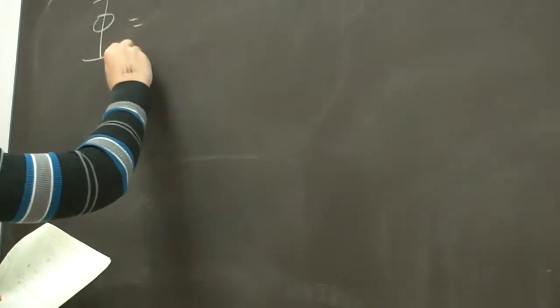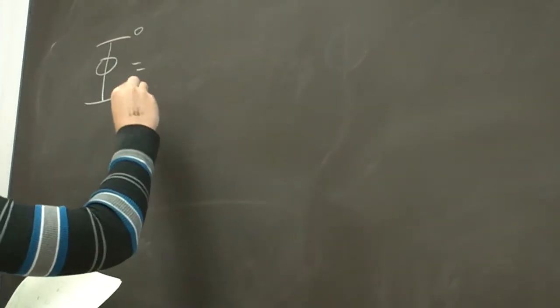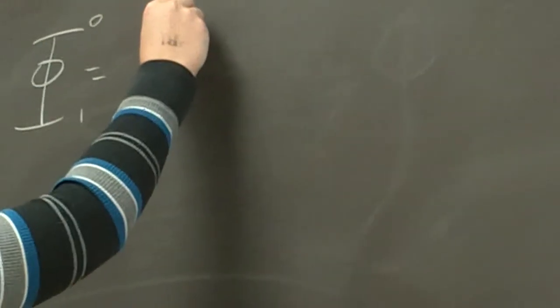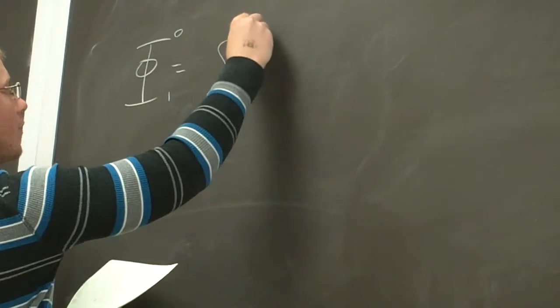We have flux 1 is equal to the integral from 0 to 500 centimeters. This is x, right and sideways.